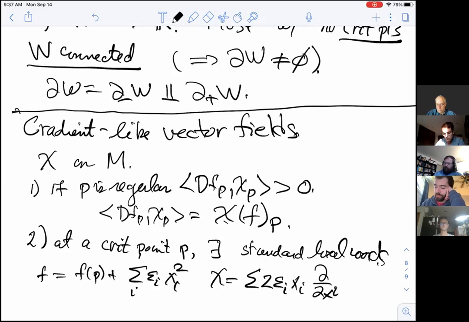Okay, so in other words, in these local coordinates, chi is the gradient of F.